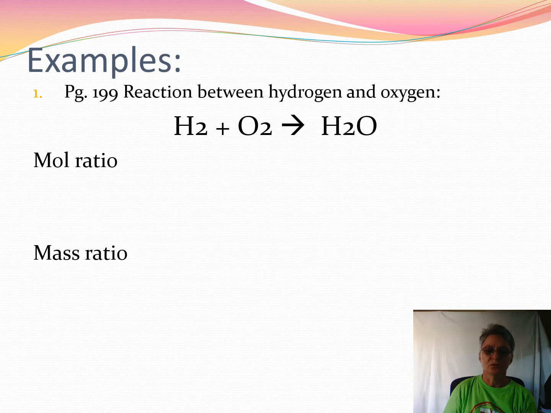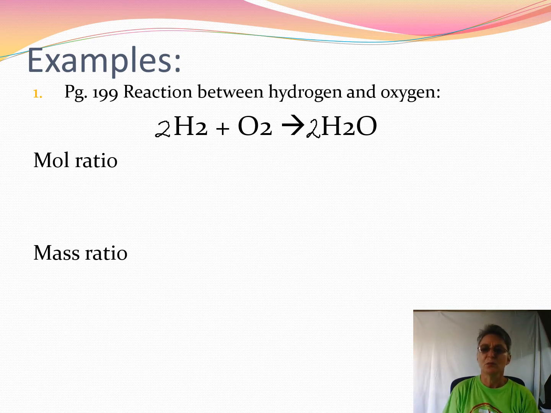Now I expect you to be more advanced, so to balance the equation you need two atoms of oxygen on the right hand side to balance the two atoms of oxygen on the left hand side. And now if you do that, you see that you've got 4 atoms of hydrogen on the right hand side, so we need to write a 2 in front of the hydrogen to have 4 atoms of hydrogen on both sides.